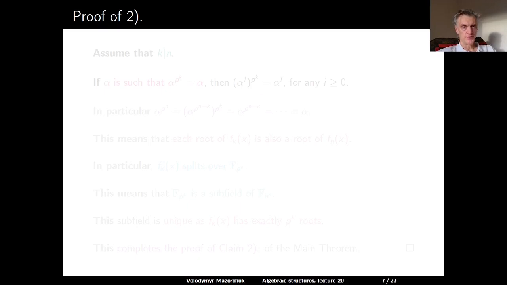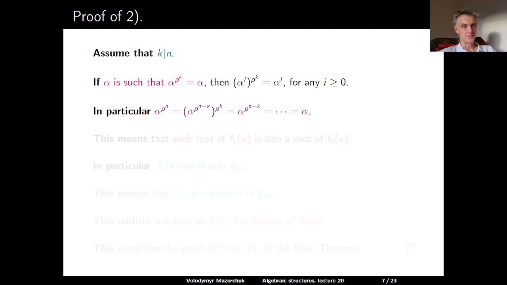Let us now prove part 2. Assume that k divides n. If alpha is such that alpha raised to the power p to the power k is equal to alpha, then for any i greater than or equal to 0, alpha to the power p to the power i raised to the power p to the power k is equal to alpha to the power p to the power i.